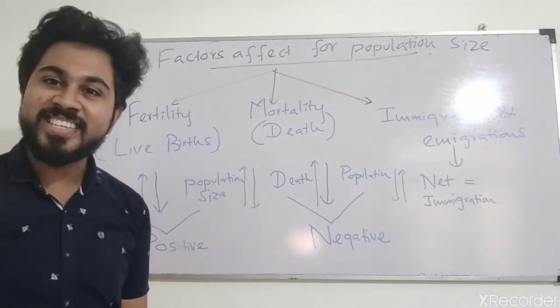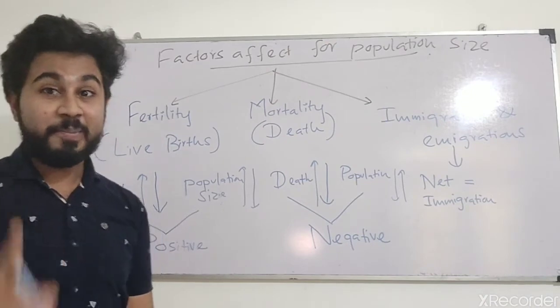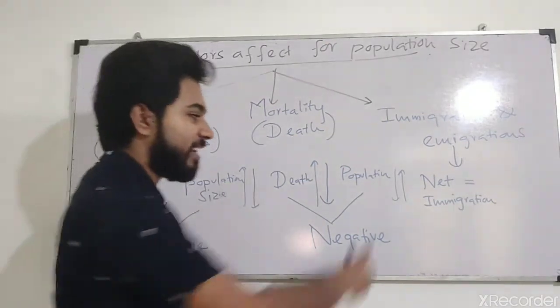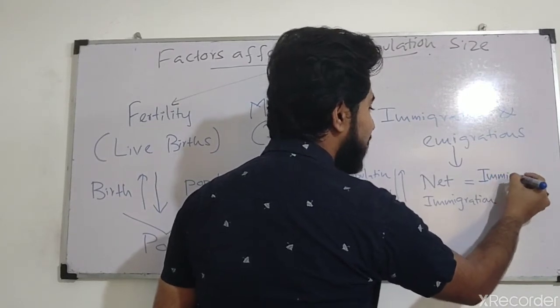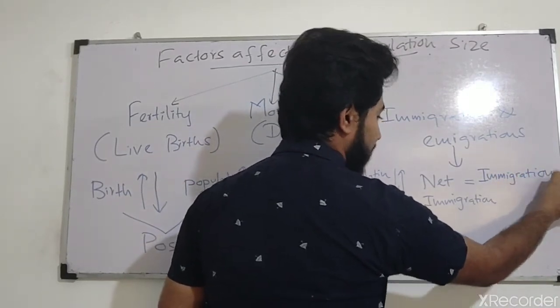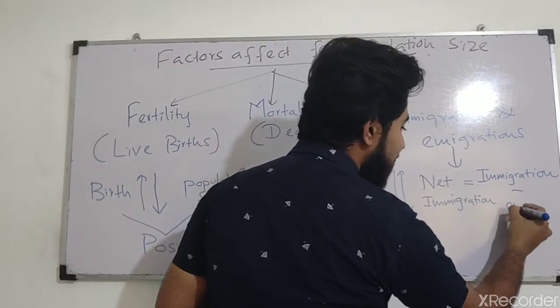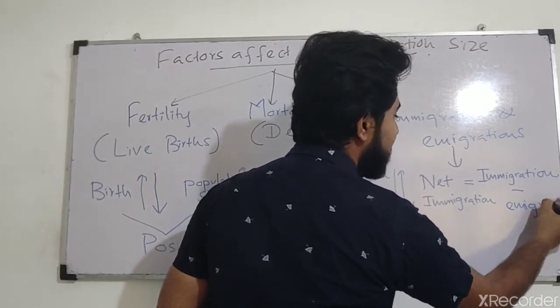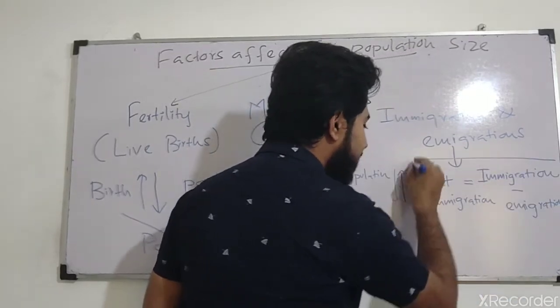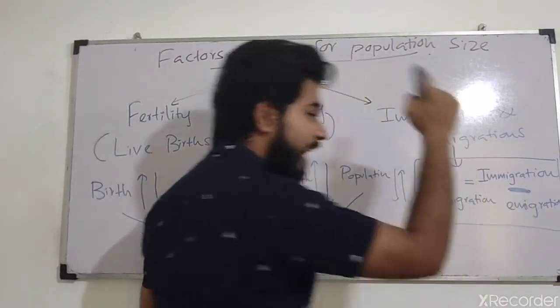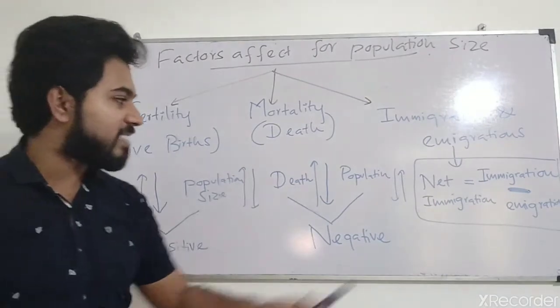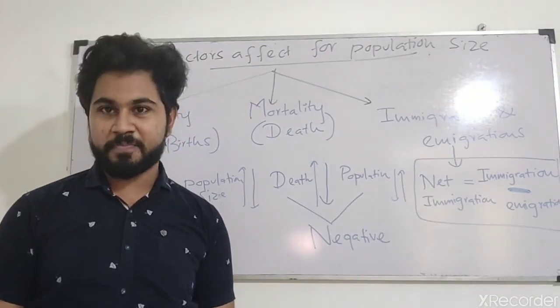What is known as net immigration? My dear students, please keep in mind, net immigration is the difference between immigration and emigration. That means immigration minus emigration is known as net immigration.